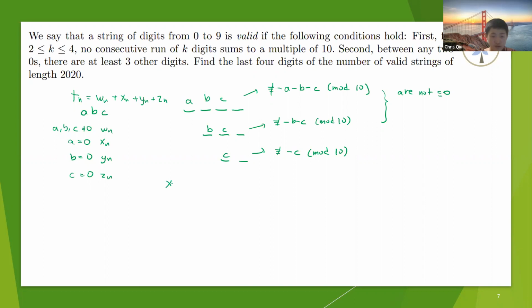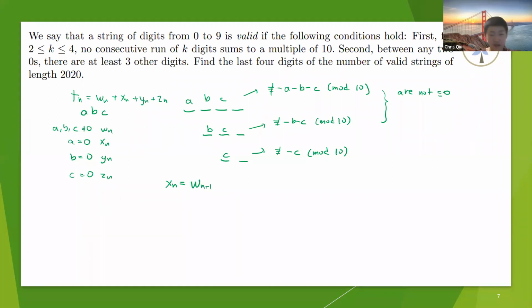And we want to go through these states just to see what equations we can get. So first of all, if we have a 0 in the third to last digit, then we can choose the remaining digits the way we want to, given that A, B, and C in this new string are not equal to 0.